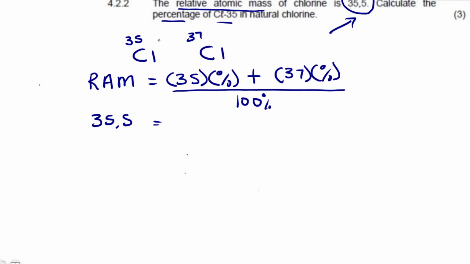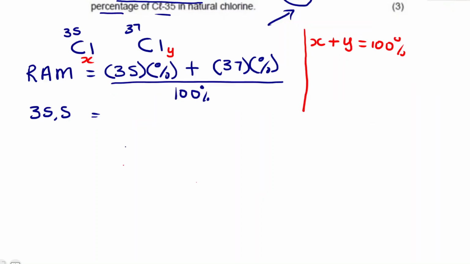So let me say the percentage abundance of the first one is X and the percentage abundance of the second one is Y, because they are both unknown. So let me create an equation here: the percentage abundance of the first plus the percentage abundance of the second is equal to 100%.